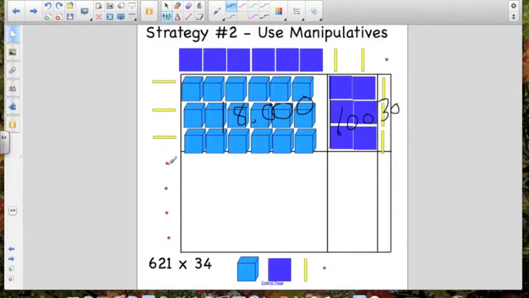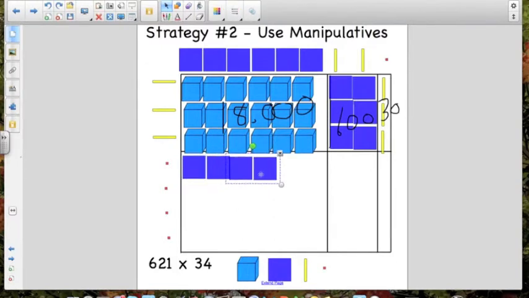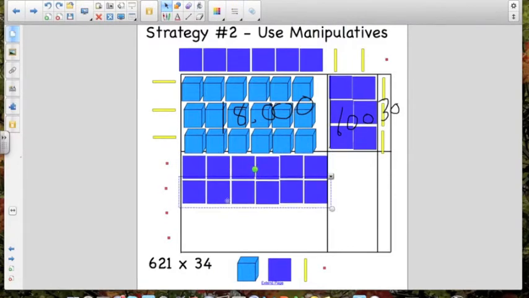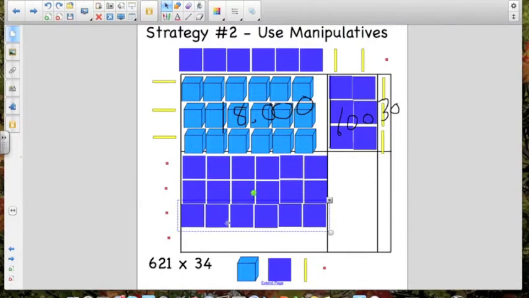Moving down here to multiplying by the 4, and then we're going to multiply by the 600s. So 1 times 600 is 600, and there's 4 ones, so we are going to have to do that 4 times.